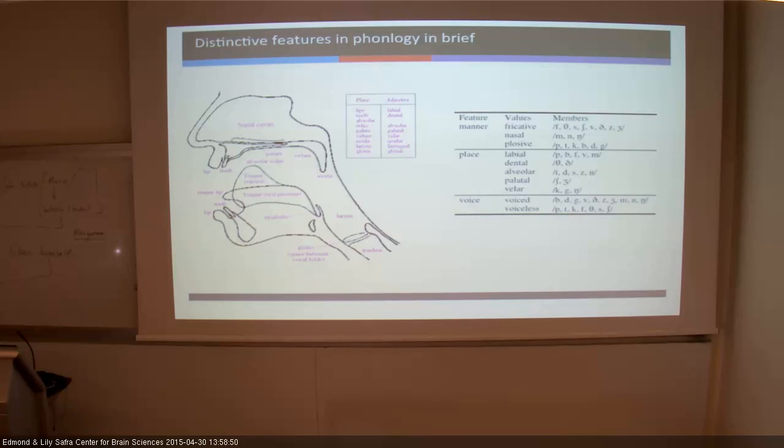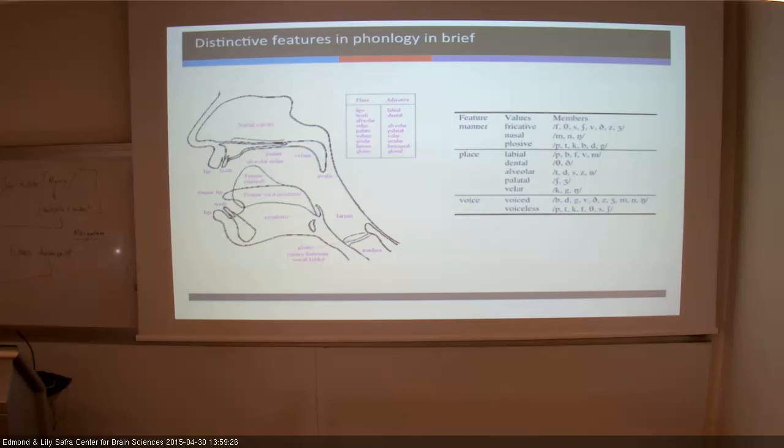So ba and va are arguably only different from one another in manner, namely plosive versus fricative, whereas ba and da are different along two of these dimensions. So we have these feature spaces that we can in fact look at, and perhaps there's something fancier about these fusion errors that has to do with feature spaces and the degree to which two consonants differ in terms of features.